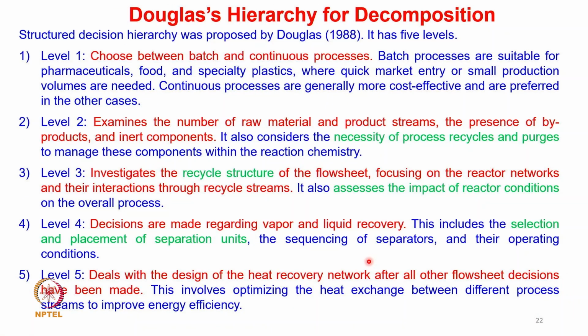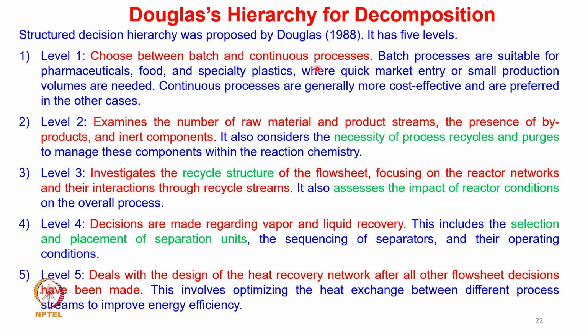So in order to decompose the problem into lower parts, a hierarchy method is given by Douglas. He has listed 5 steps. These 5 steps basically comprise different operations. So level 1 is to choose between batch and continuous process.